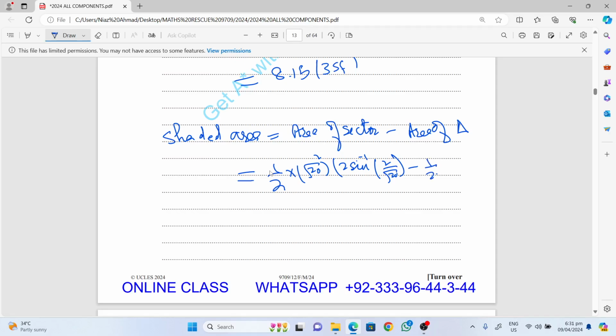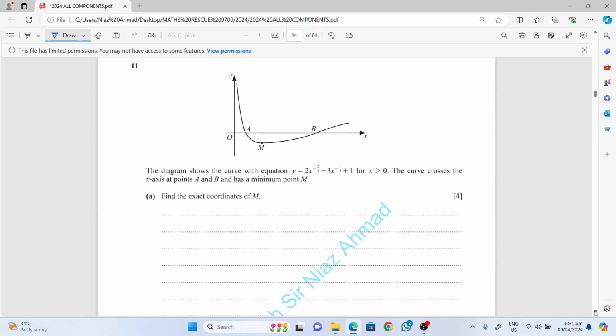So this is 1 over 2 r square, r is 20 under root whole square, into sine of the theta. So this is sine into 2 sine inverse 2 over 20 under root. Grab your calculator and get the calculation. So it will be giving you 1.2729. So you can finally say it's 1.27. This is 3 significant figures.